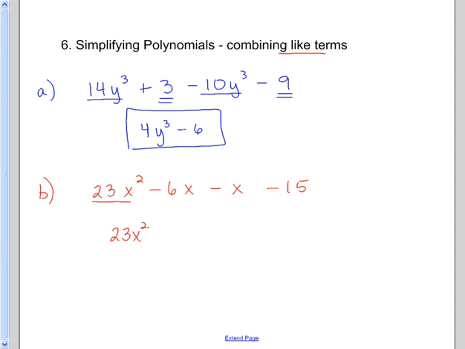Okay, I have a -6x and a -1x. They are like terms. Same sign means you add and keep the sign, so that would be a -7x. Bring down -15. Okay, that's all of the like terms I have that I can combine, so we're finished. This would be our final answer.